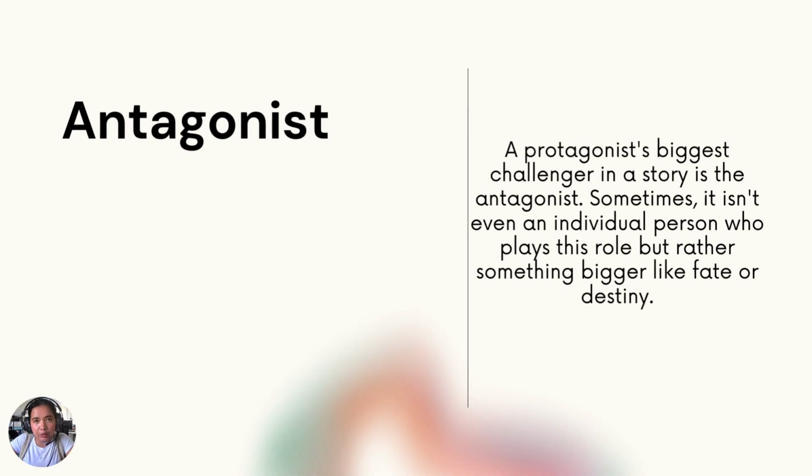The next one is the antagonist, which is of course the opposite of the protagonist. The antagonist is what we call contrabida because this is the enemy of the protagonist. The protagonist's biggest challenger in the story, they are the ones who create problems and conflicts in the life of the protagonist. Sometimes it isn't even an individual person or people, it can be something like fate or destiny.